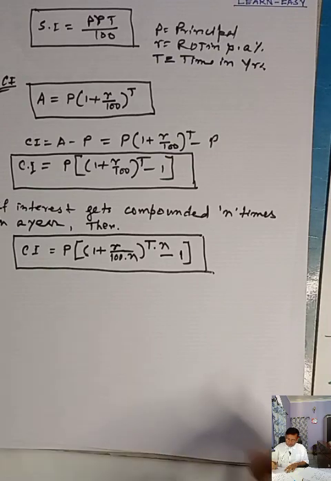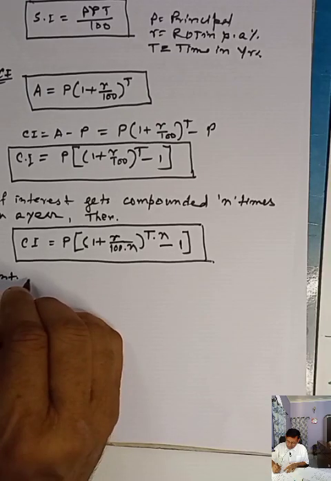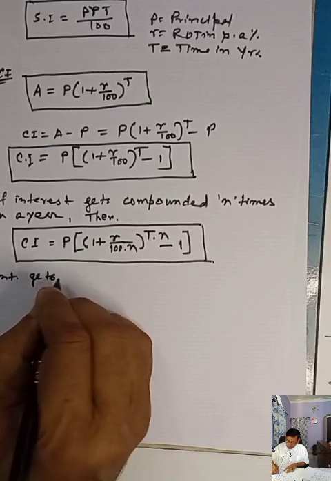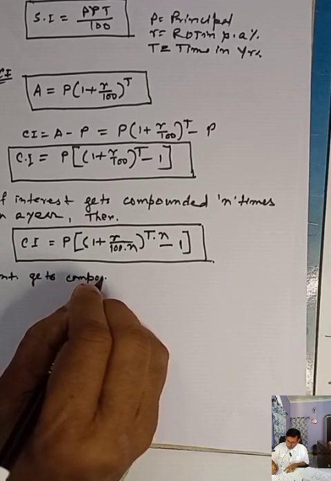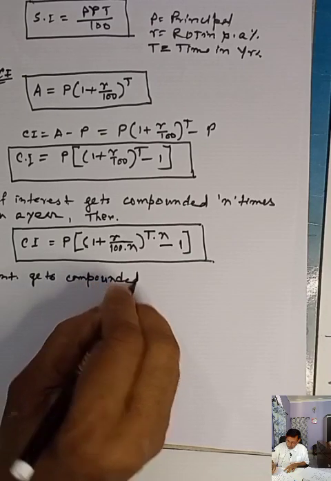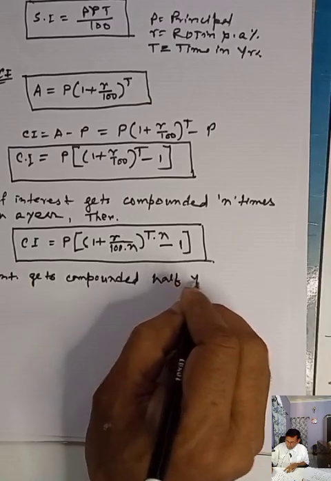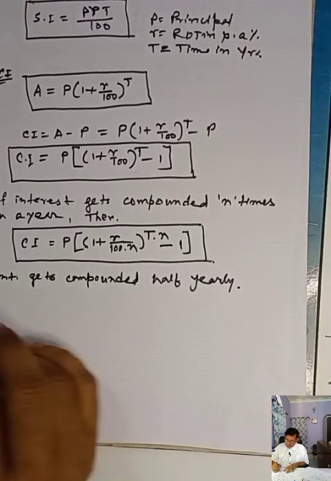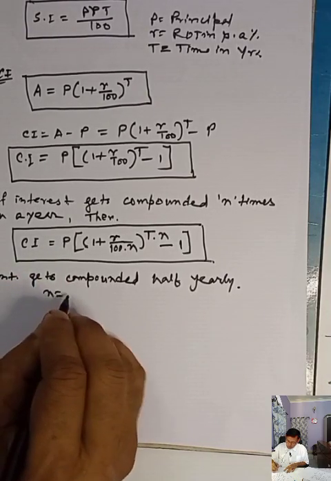For example, let us think that interest gets compounded half yearly. Then what will happen? Putting in this formula, n is equal to 2.